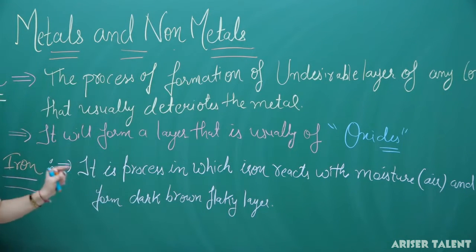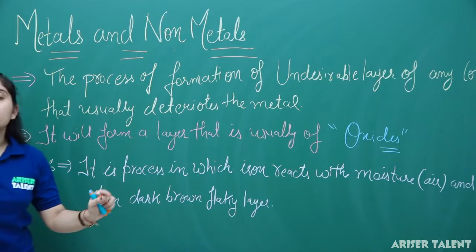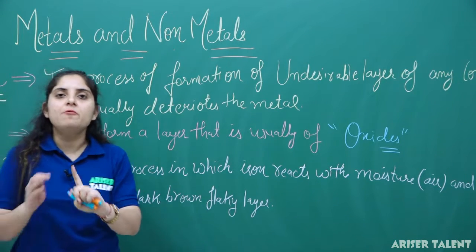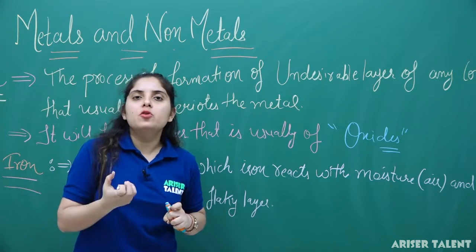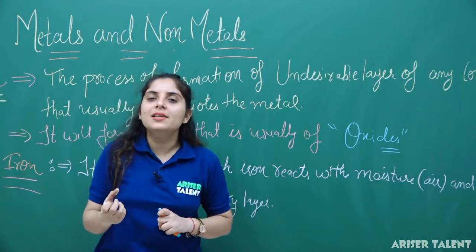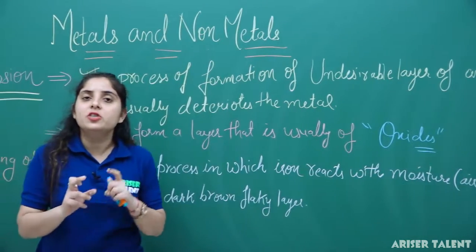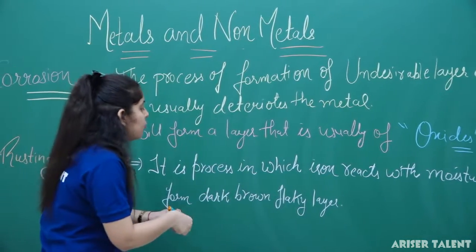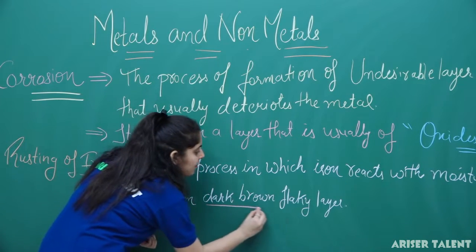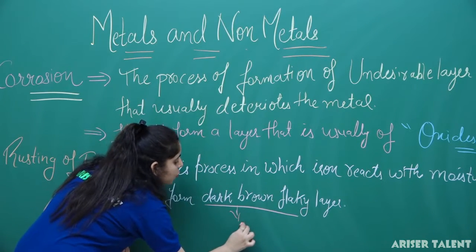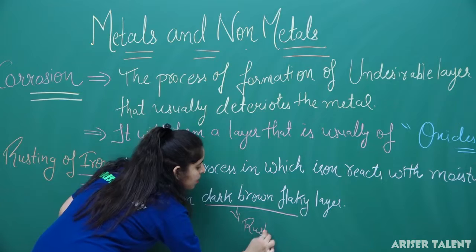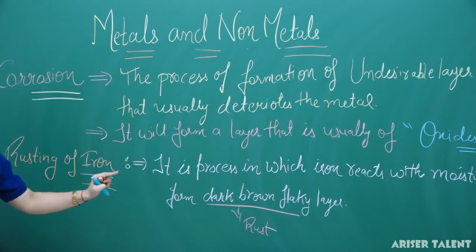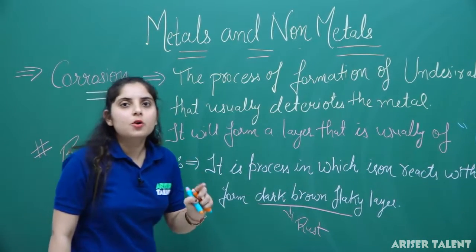In the presence of moisture and water, iron gets deposited with a dark brown layer, and this dark brown flaky layer is known as rust. This phenomenon is known as rusting of iron.